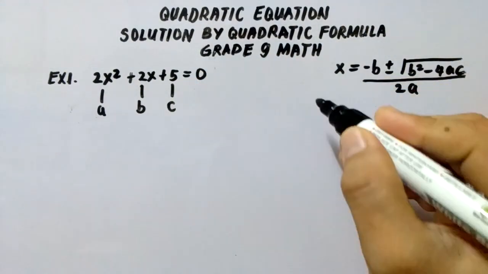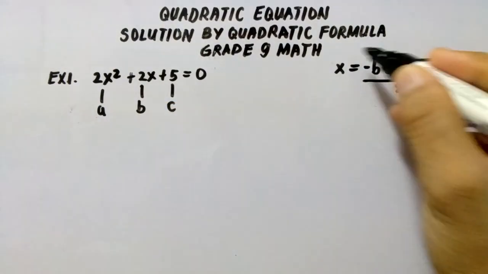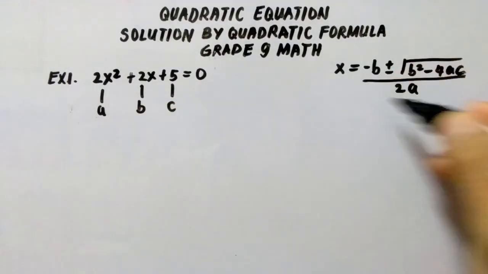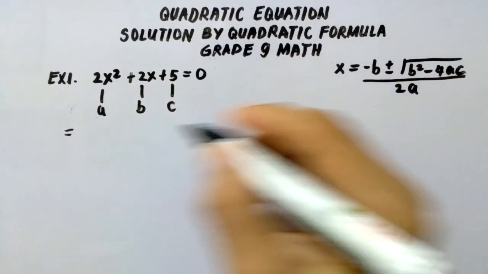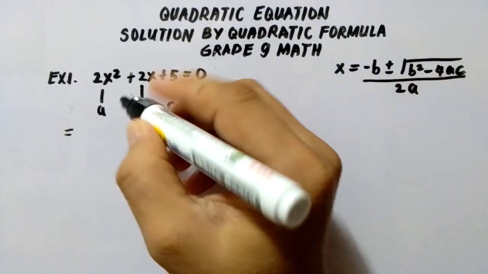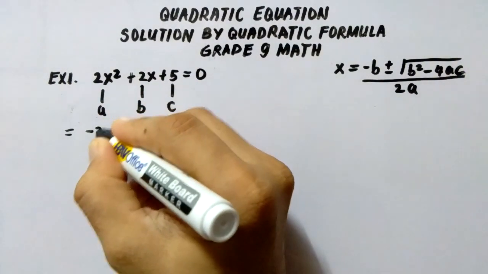Then, i-substitute po natin yung mga value ng A, B, C dito po sa quadratic formula. So, equals, okay. So, negative B, so we have B, 2, so we have negative 2.